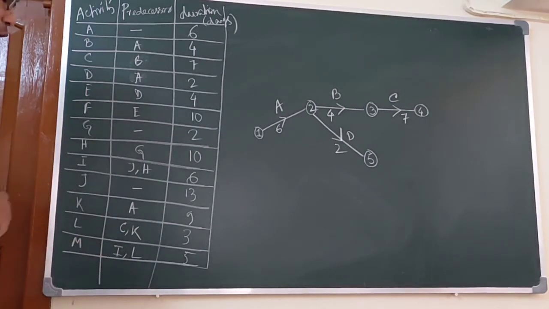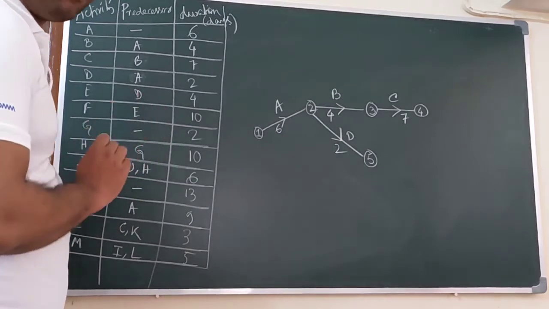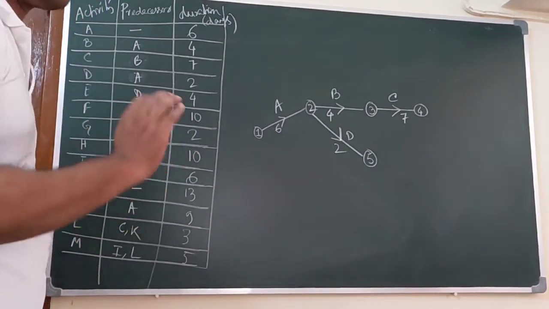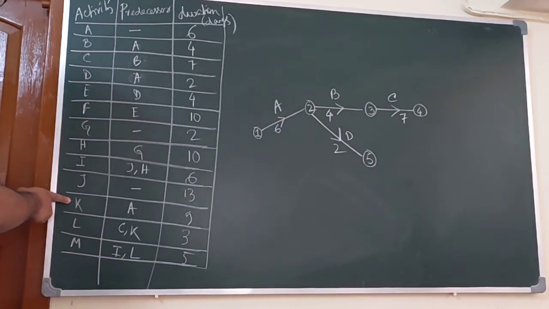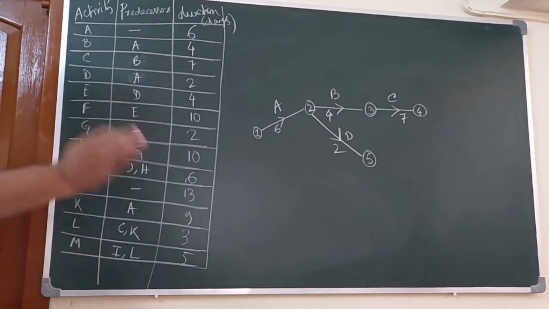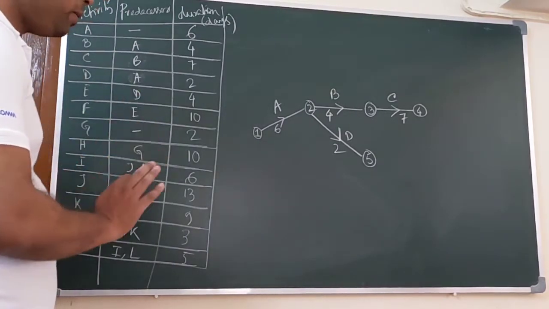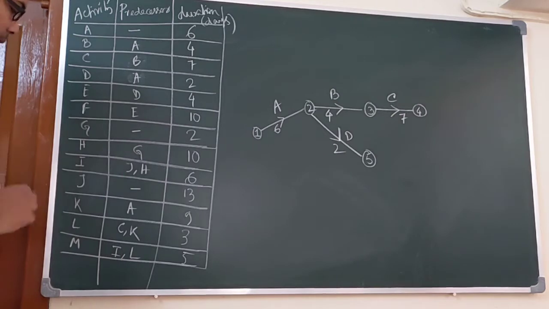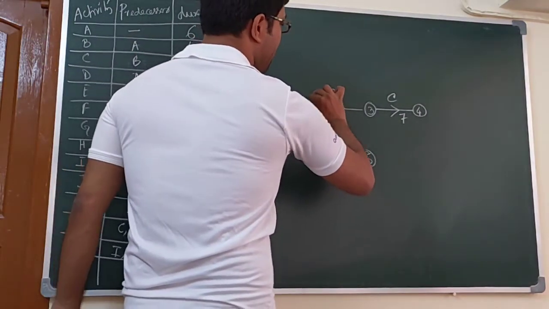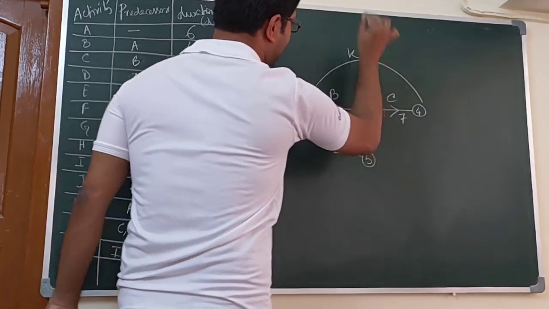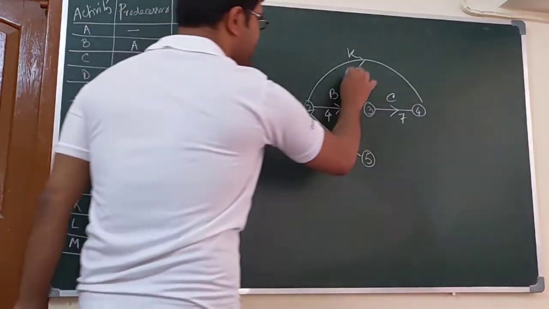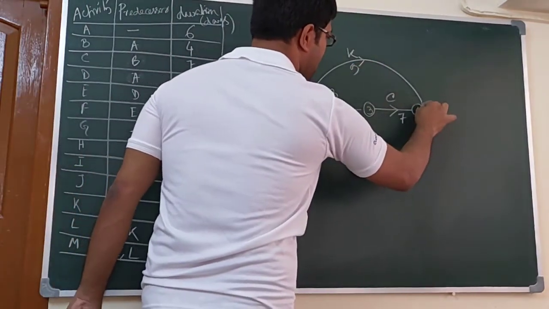We have to optimize the dummy activities, that is, those that contain no resources. We can join the end node of C with the end node of K to reduce the number of dummy activities. Now K comes from A. Let this be our K, and the duration is 9.